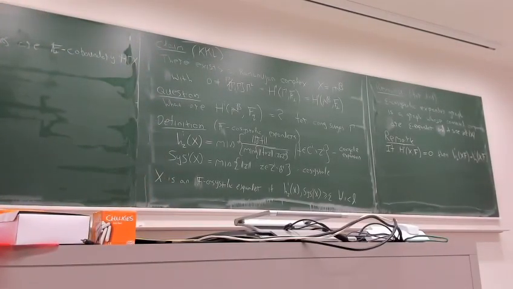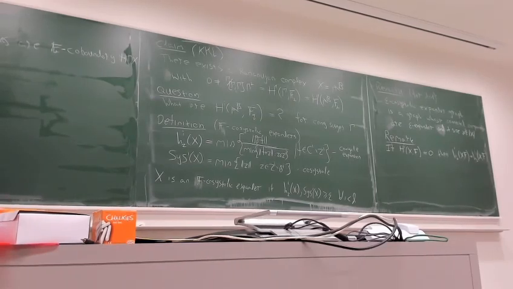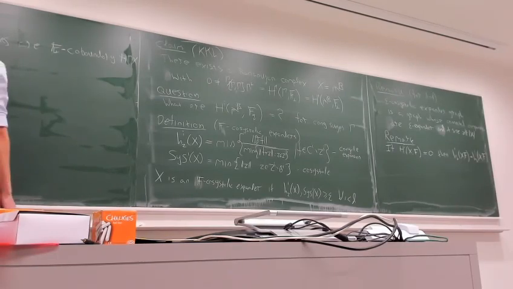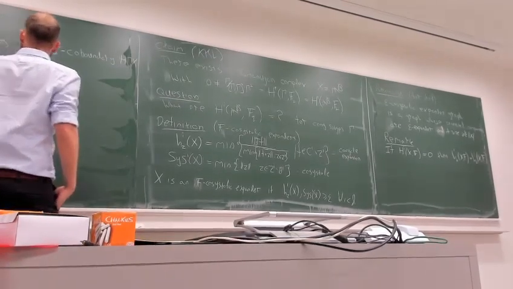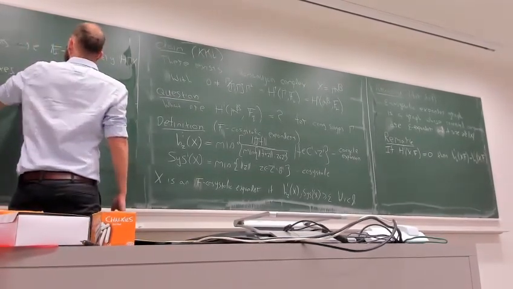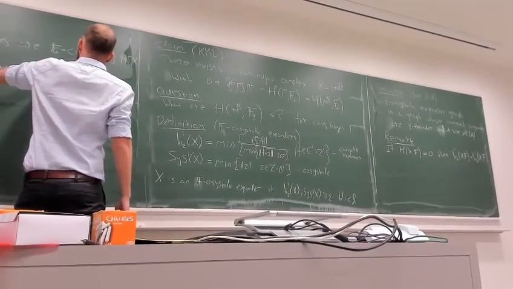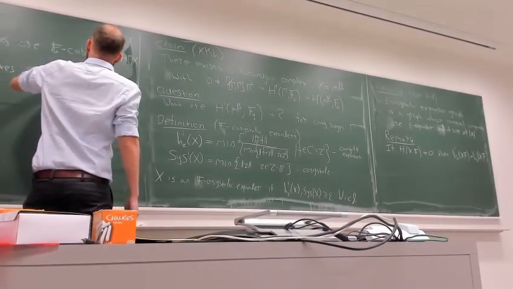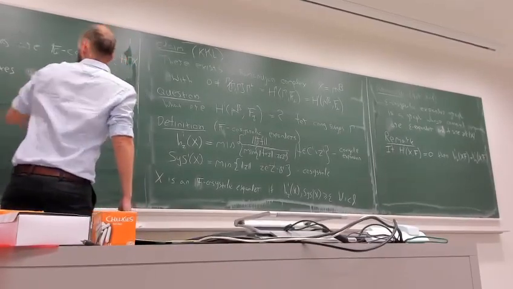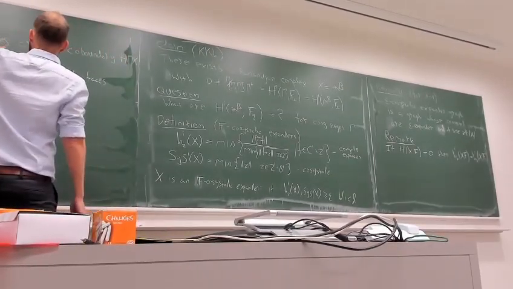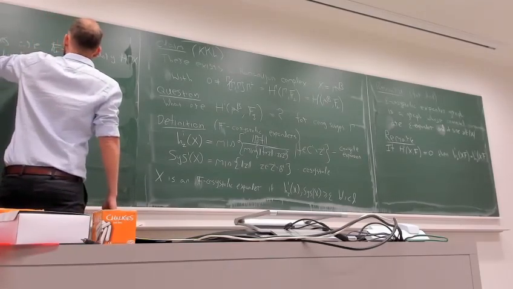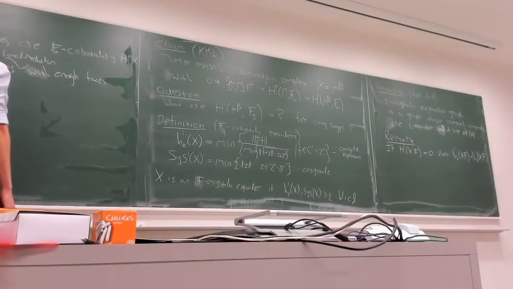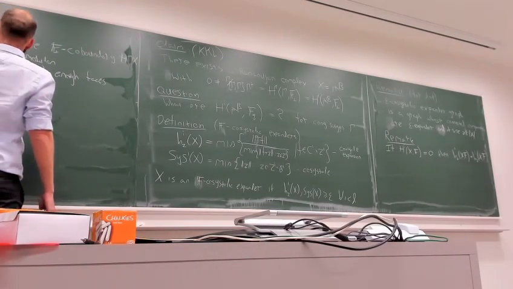There is a threshold phenomenon that random complexes above, let's say, with enough faces, so I refer to random complexes in what is called the Linial-Meshulam model, are also coboundary expanders.